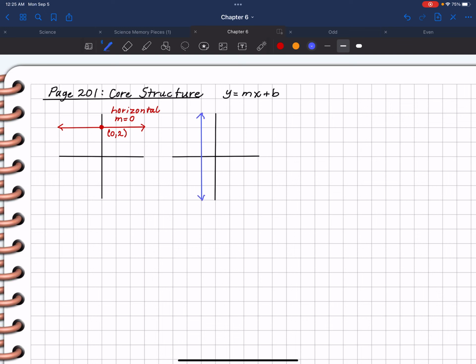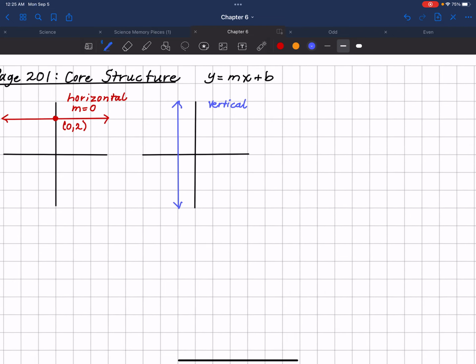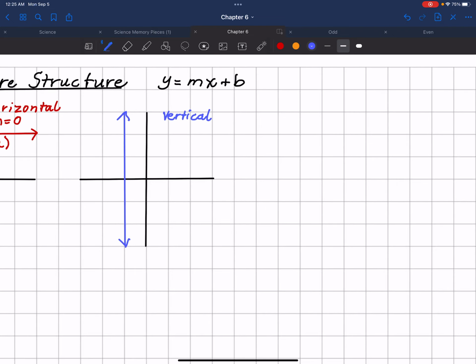Now, this is something that we've sort of indirectly talked about, but I need to make sure that you understand it. In this situation, there is no y-intercept. There's no b to be found. This is going to be -2, 0. So because there is no b, there's no steepness to this line, we would say that slope is undefined.